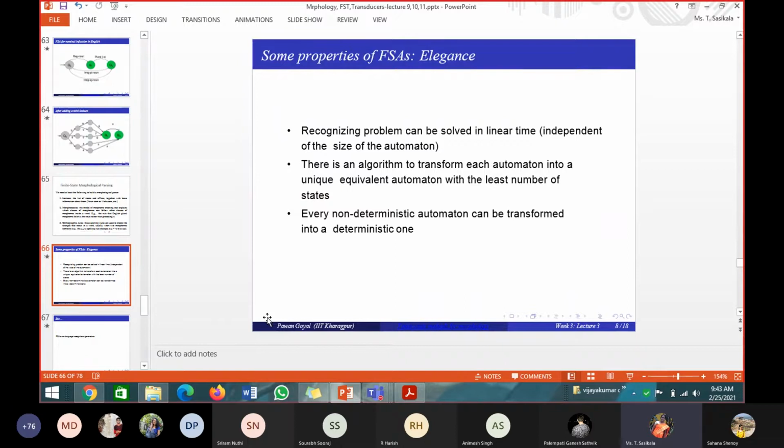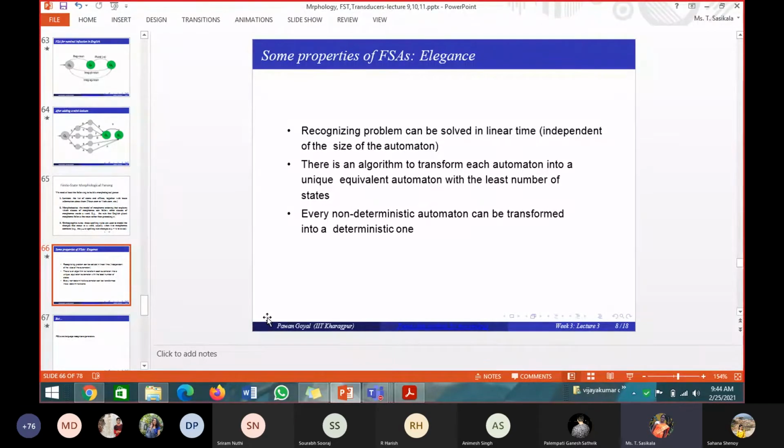Okay, so those are some properties. Again, recognizing a problem takes linear time. There is an algorithm to transform each automaton, even if it is very big, into a unique equivalent automaton with the least number of states.